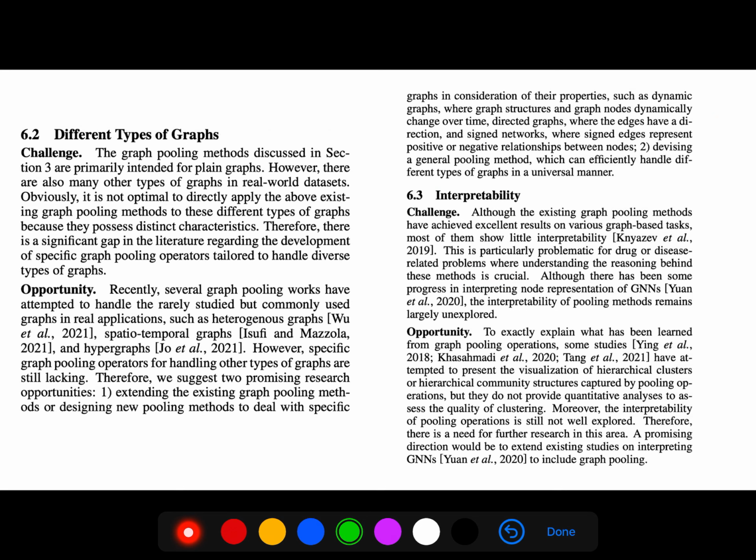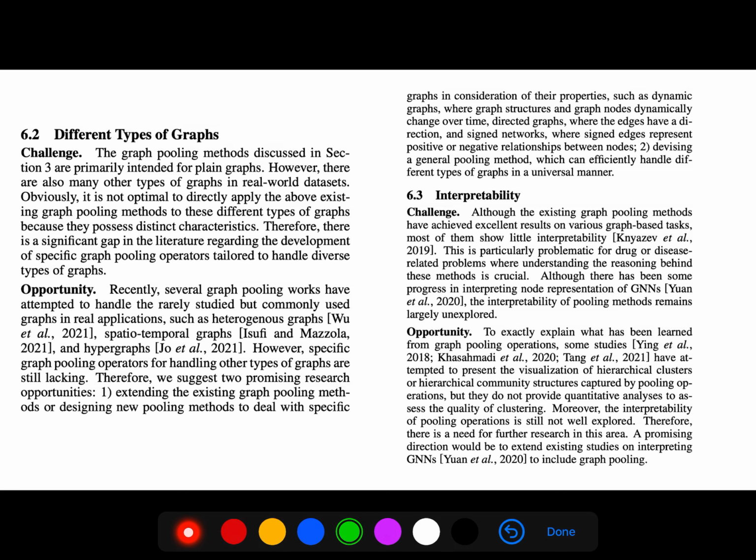The challenge of different types of graphs is that graph pooling methods are primarily intended for plain graphs. However, there are also many types of graphs. So several graph pooling methods have been attempted to handle the rarely studied but commonly used graphs in real applications, such as heterogeneous graphs, spatial-temporal graphs, hypergraphs. However, specific graph pooling operators for handling other types of graphs are still lacking.